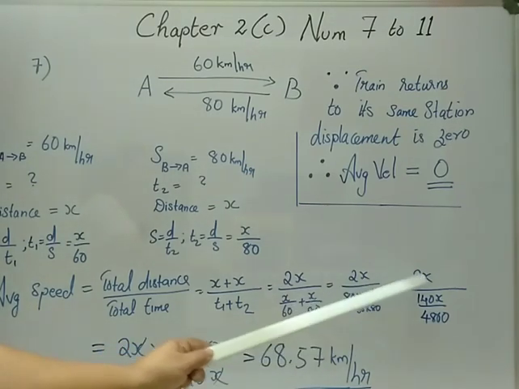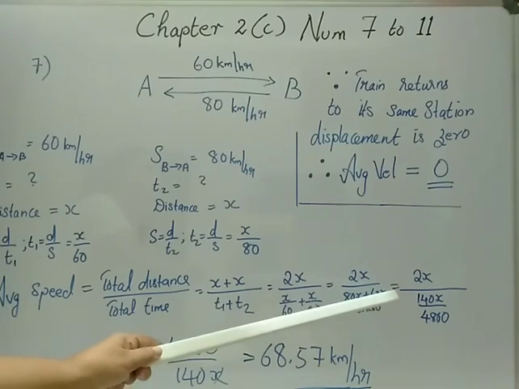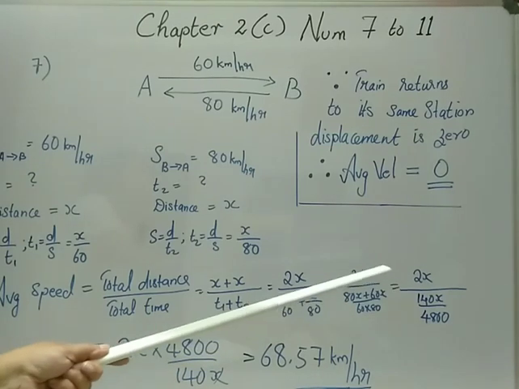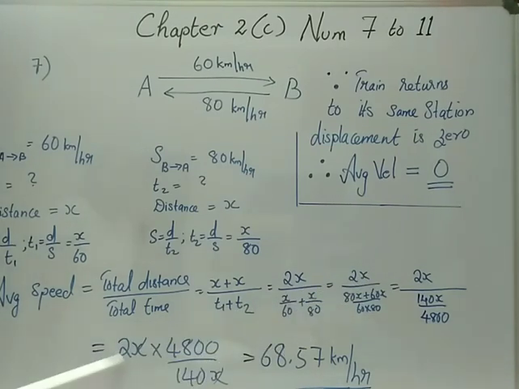When this division changes to multiplication, we take the reciprocal: 2X into 4800 by 140X. Here X and X will get cancelled, 0 and 0 will cancel. Then finally 2 and 14 will get cancelled. Here you will get 1 and here you will get 7. So 480 by 7, when you divide, you will get the answer.